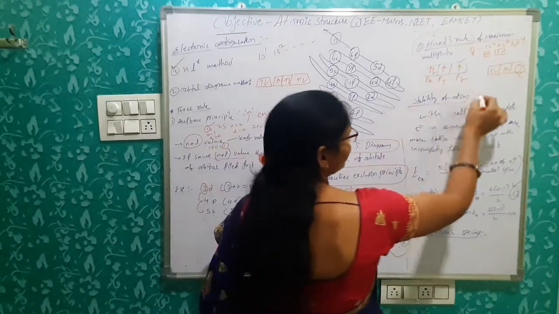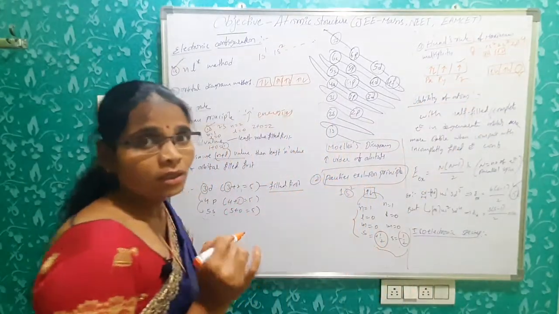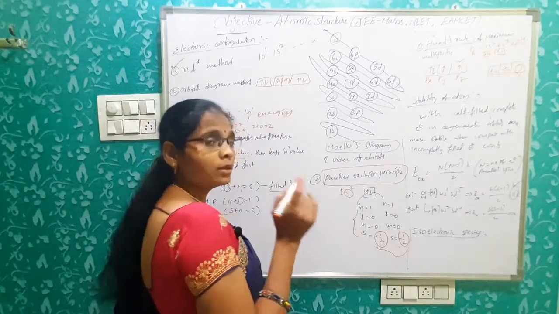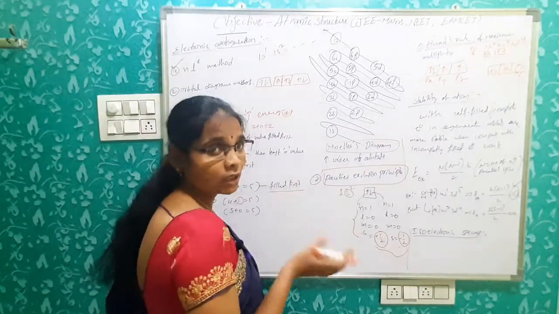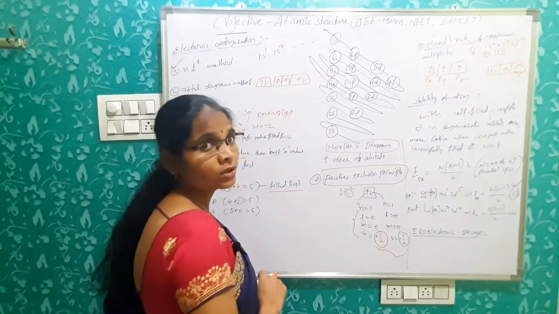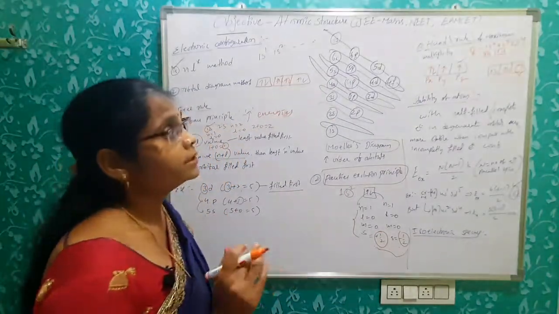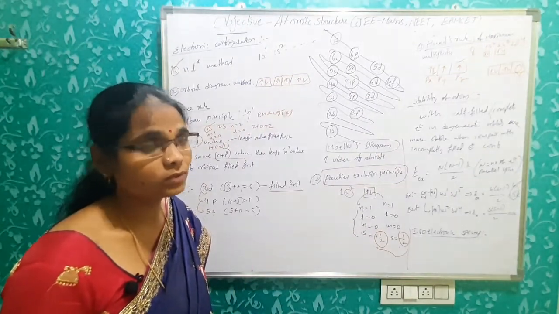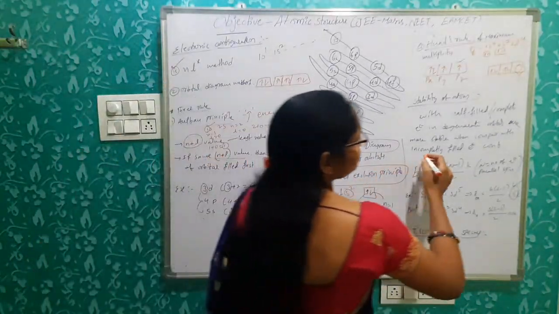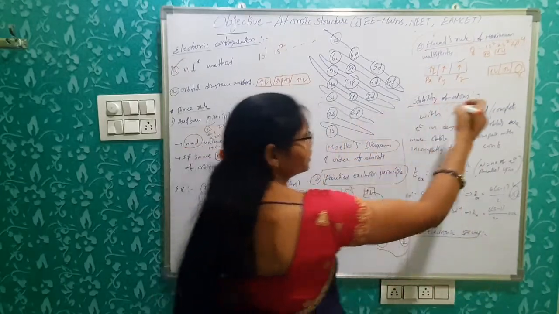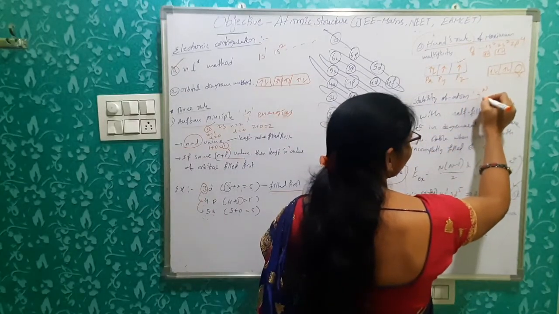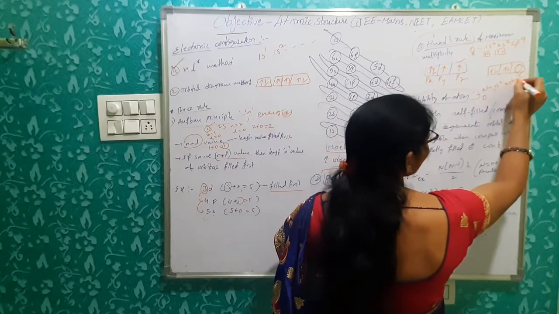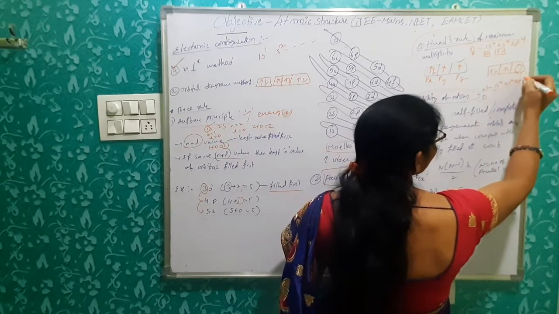Next, stability of atoms. An atom's stability depends on its electronic configuration. Atoms with half filled or completely filled orbitals are more stable when compared with incomplete electronic configurations. For example, take nitrogen and oxygen. Nitrogen, atomic number 7, is 1s2, 2s2, 2p3.